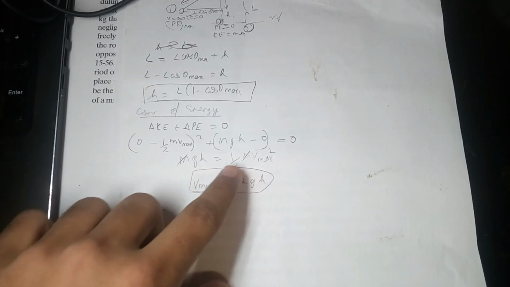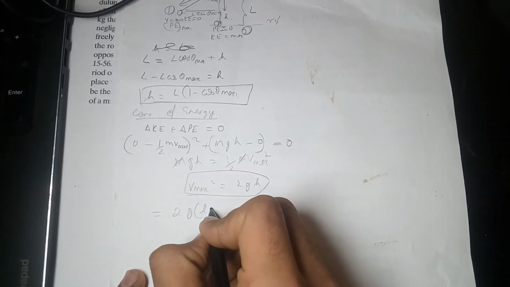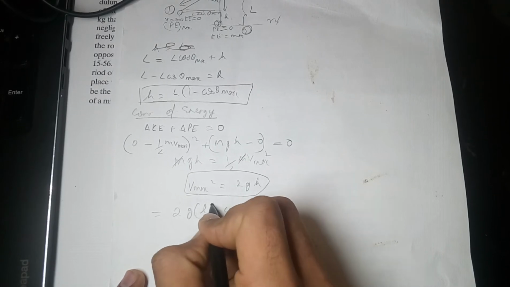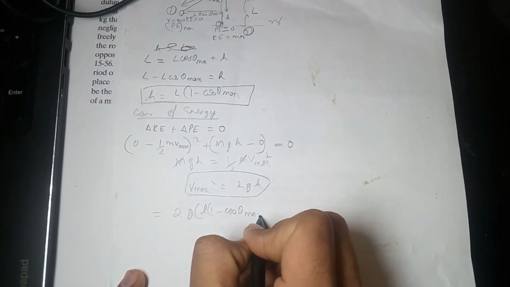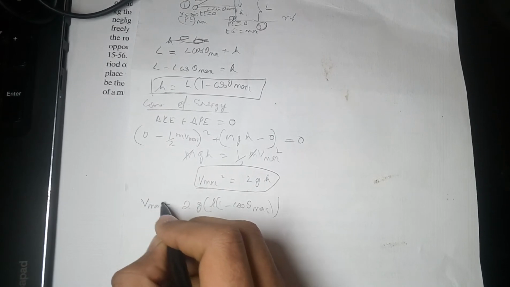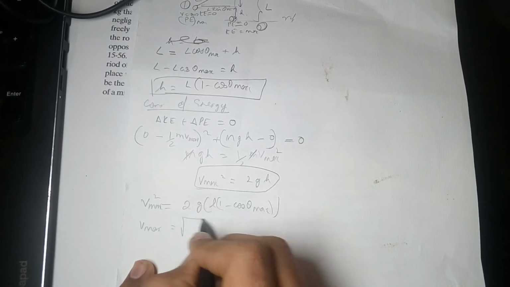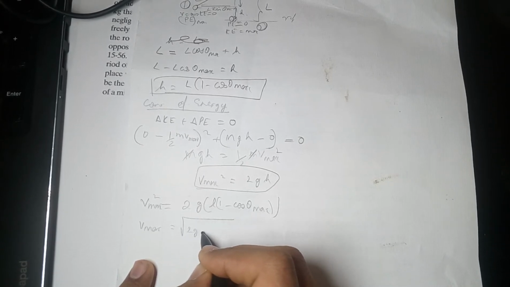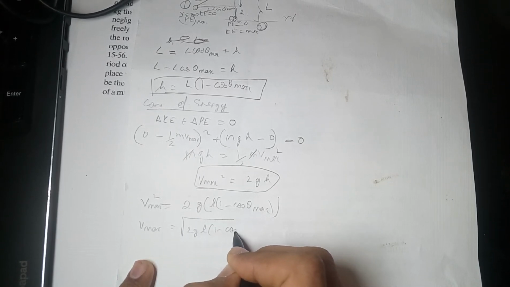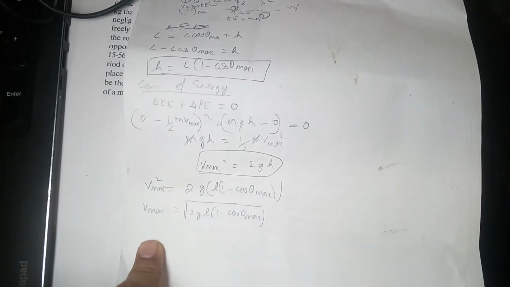So we have v max square is equal to 2gh, or 2gL (1 minus cos theta max). That is the v max square, or v max is the square root of 2gL (1 minus cos theta max).